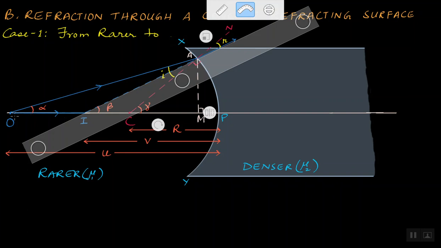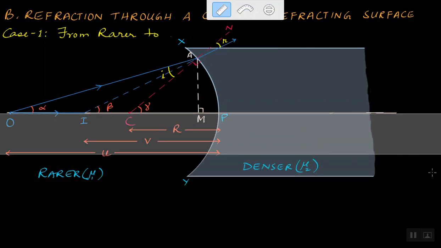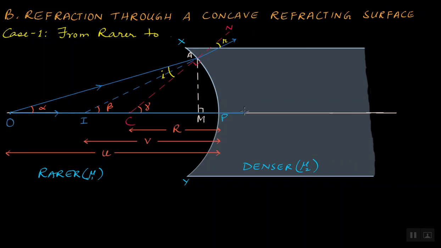Now another ray of light will be going along the principal axis. If you produce this ray of light along the principal axis and this refracted ray, they will never meet, because they are going away from each other. Let me extend this. Another ray of light is going in that direction.